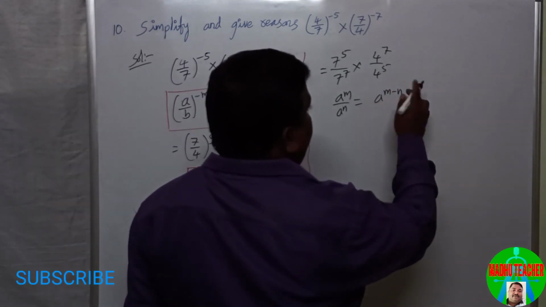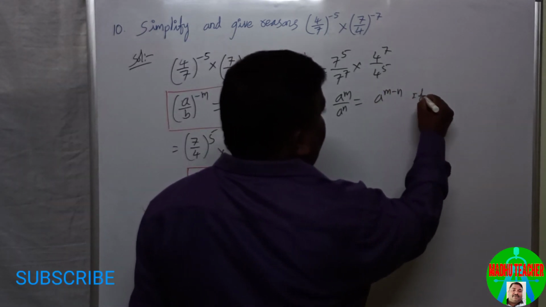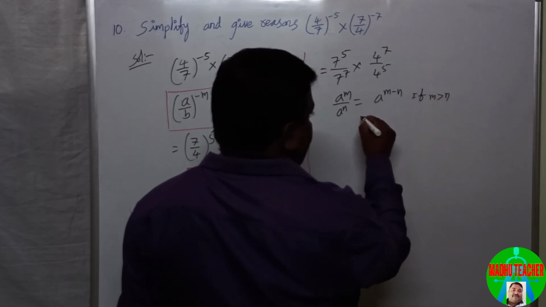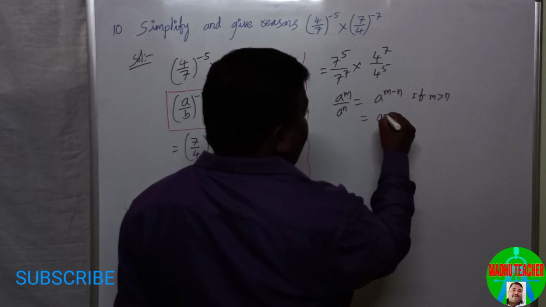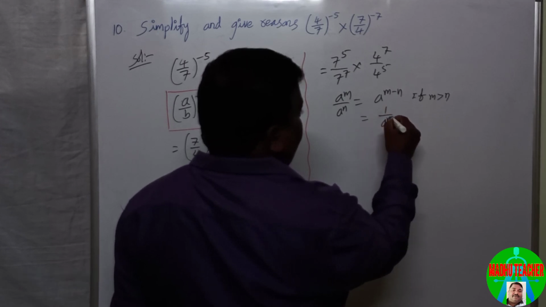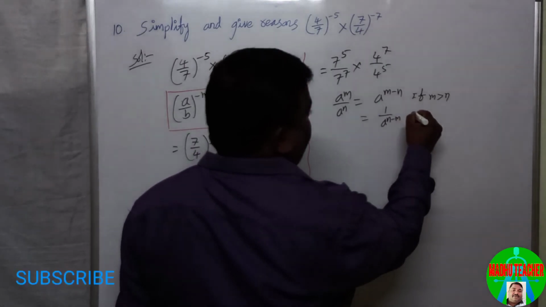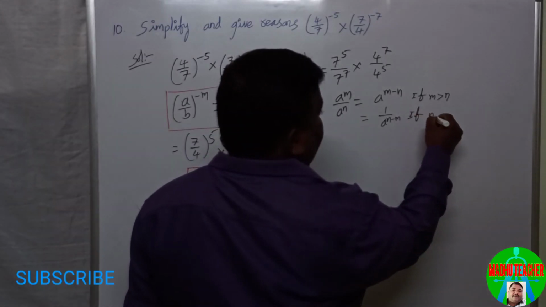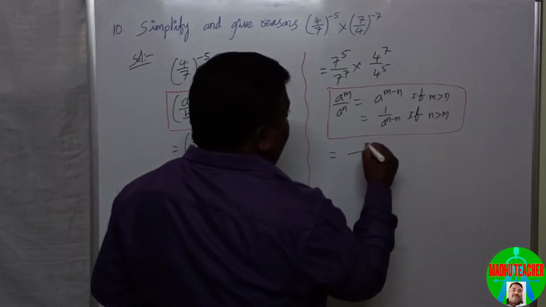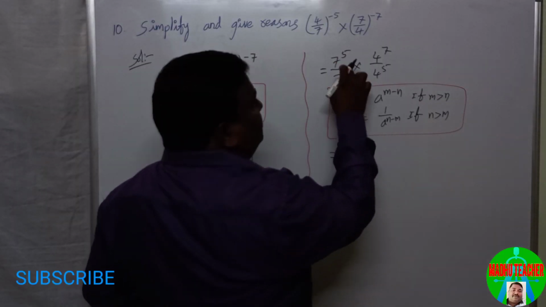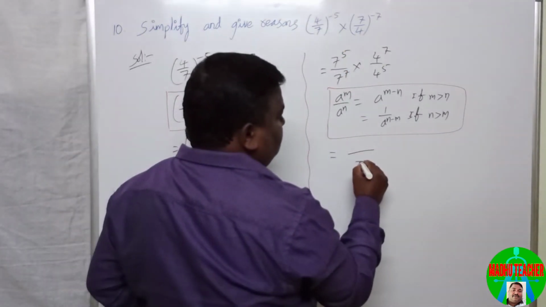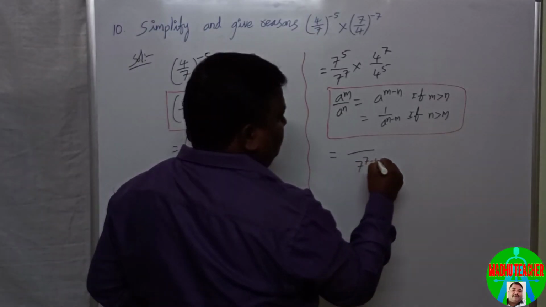So here if m is greater than n, we can write a to the power of m minus n, and 1 by a to the power of n minus m if n is greater than m. So here 7 is greater than 5. That's why we are taking this to the denominator: 7 to the power of 7 minus 5.